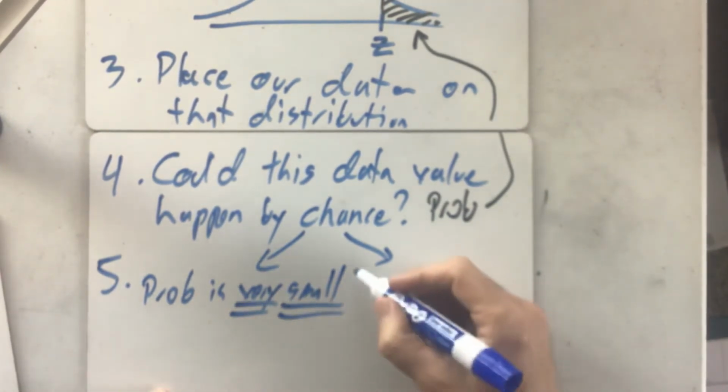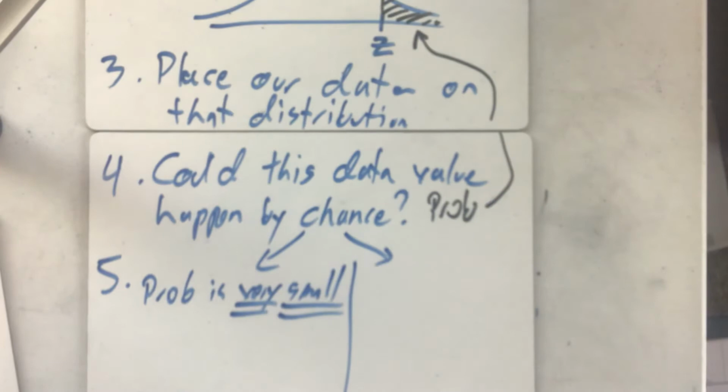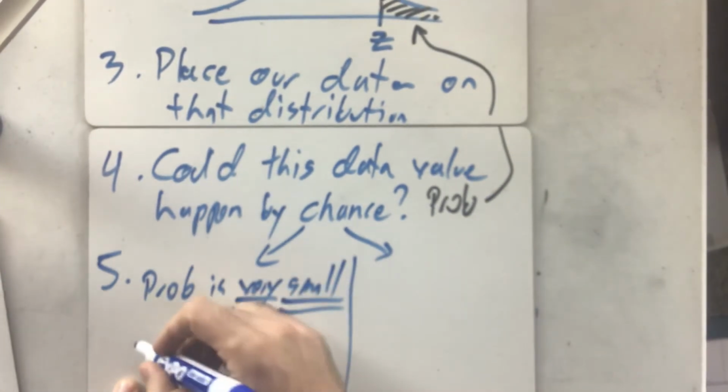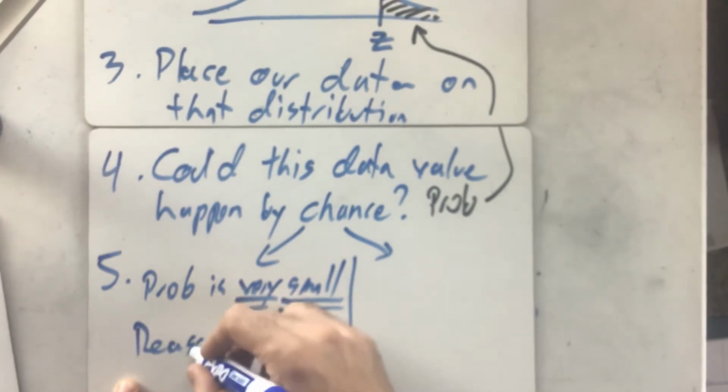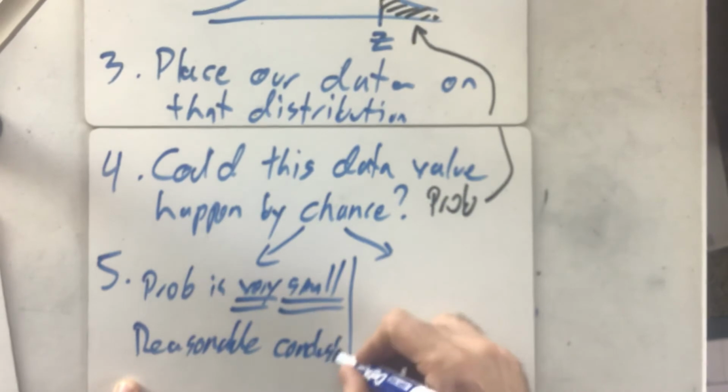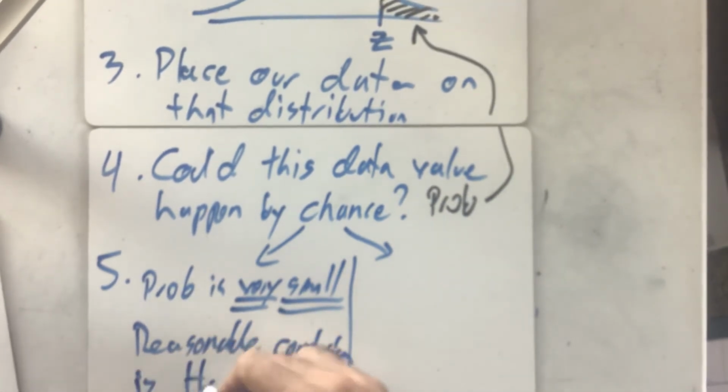And so if it's very small, then that means the most likely result, the reasonable conclusion, is that our original assumption is false.